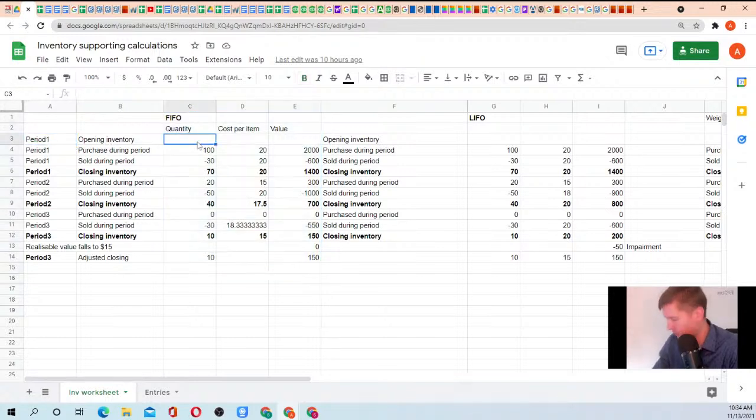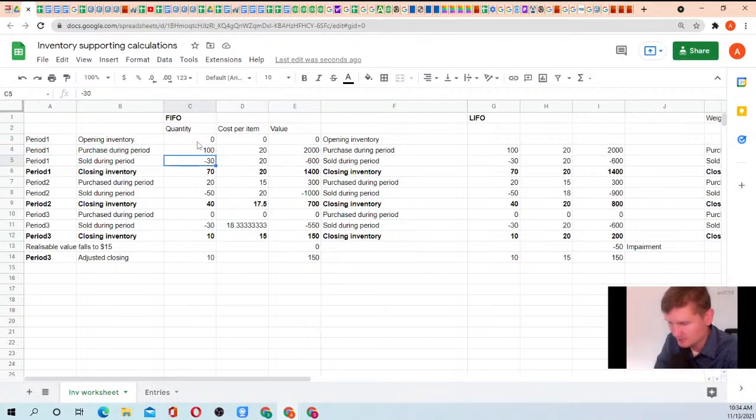We have no opening inventory. Then during the period we purchased 100 items of inventory and spent on that $2,000 cash.